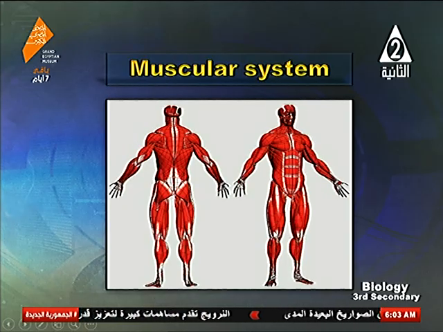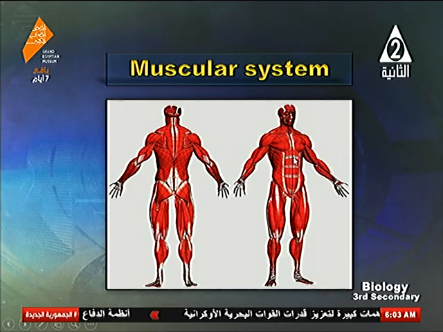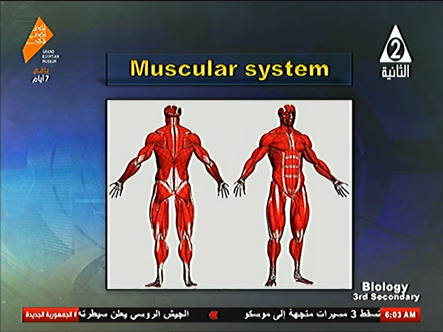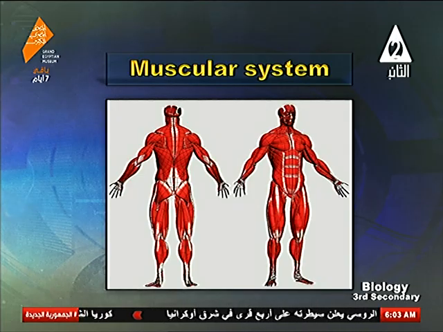Cardiac muscular tissue is related to the heart. It is striated and involuntary. Smooth muscular tissue is related to the tissue of veins, arteries, blood vessels, stomach, and so on. It is not striated, unstriated, and involuntary also.